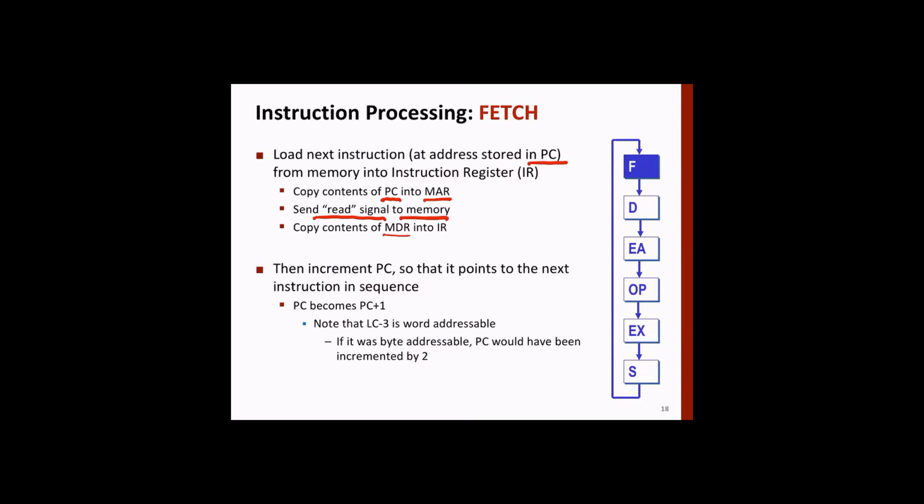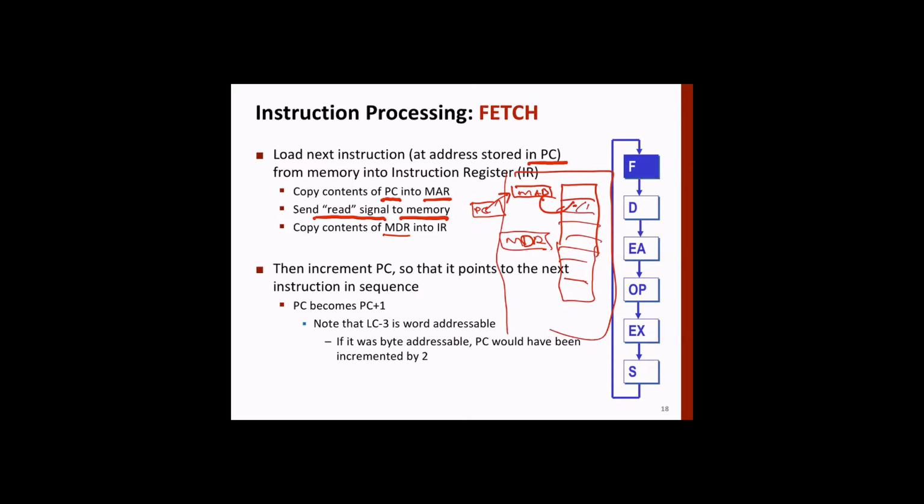Let's assume that this is the memory. In the memory unit there are two registers: the memory address register, and the second is called MDR, memory data register. And there is the program counter. The program counter is in the processor, while all this is in memory. The program counter contents are fed to the memory address register. It will point to a particular location, for example this location.